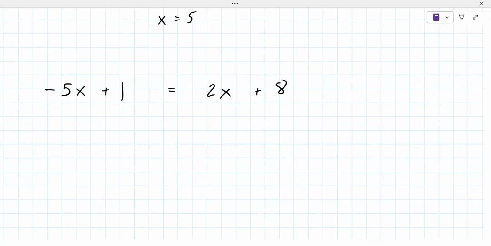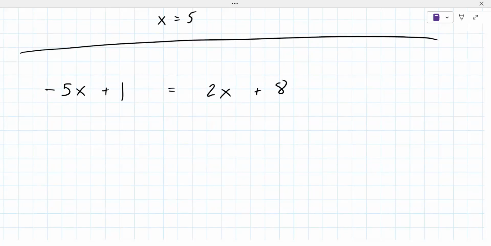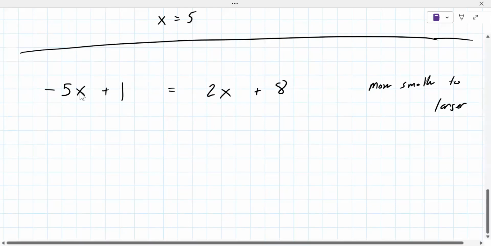When you move, you always move the smaller to the larger. And so the smaller is the minus 5x. So you have to add that. I want you to add that to both sides.